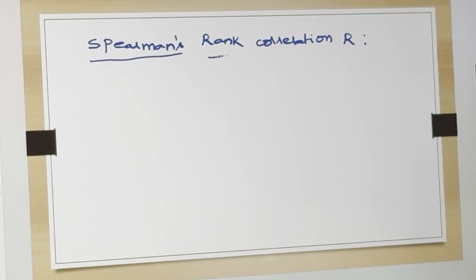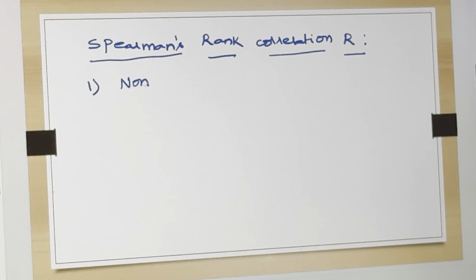Okay. Second method क्या है? Spearman's rank correlation. Spearman's rank correlation is denoted by which notation? The notation given for Spearman's rank correlation is capital R. Whenever we are going to solve problems based on Spearman's rank correlation, you are going to remember two formulas. What are they?